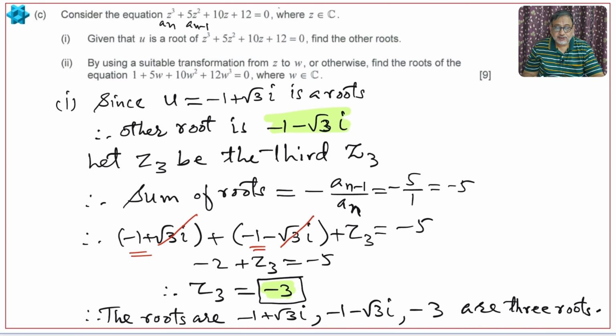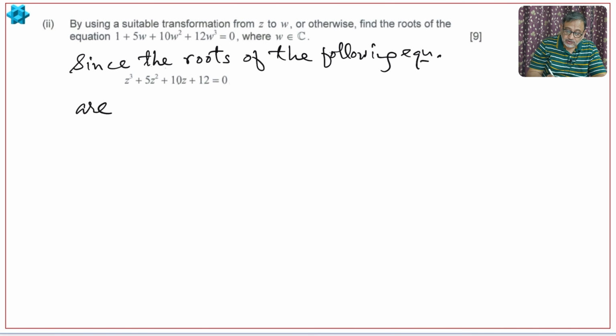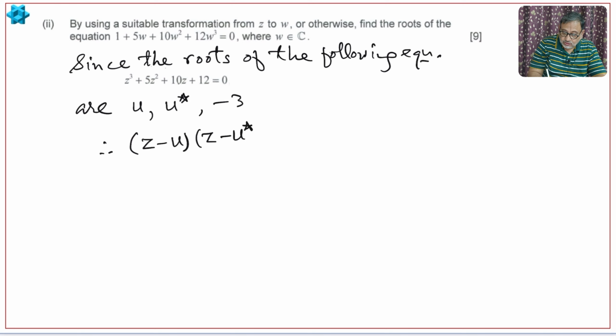So let us call them u. Already we know u conjugate and minus 3 are the roots. So therefore z minus u conjugate and z plus 3 will make it 0, isn't it? These are the three roots of this equation, right? So the equation will be like this.